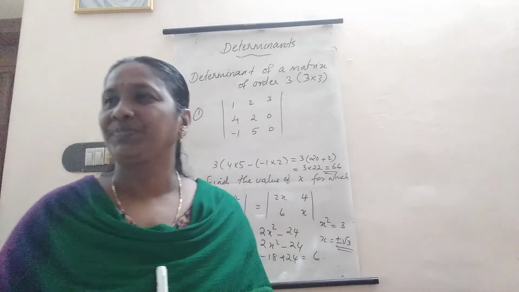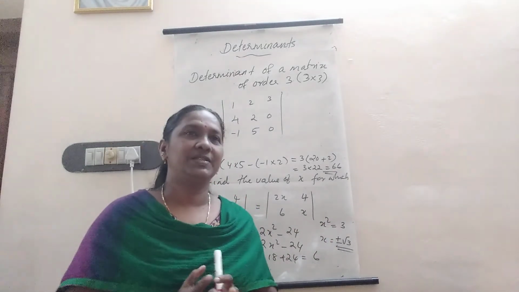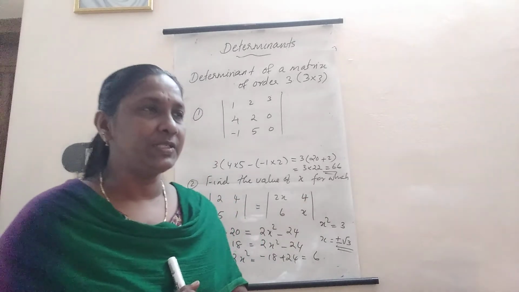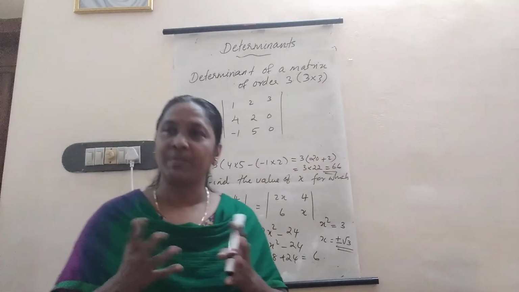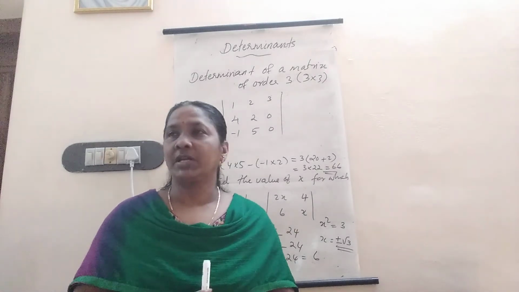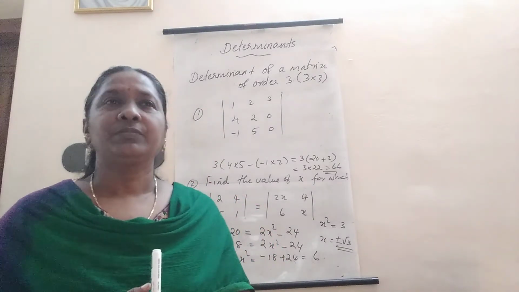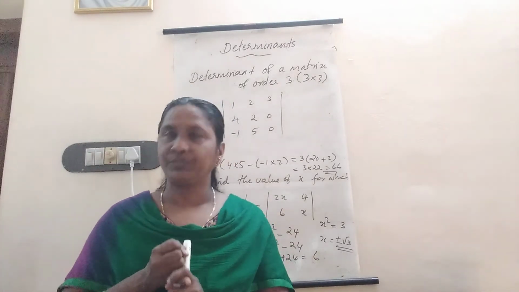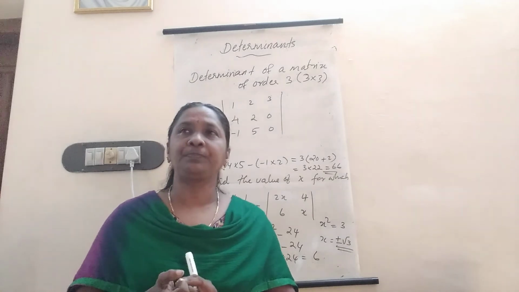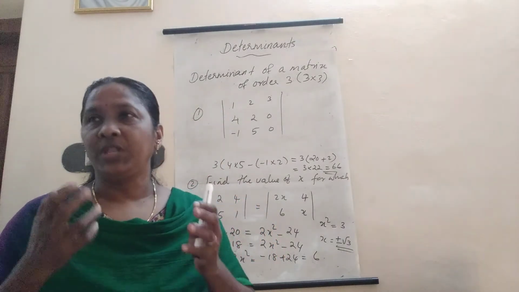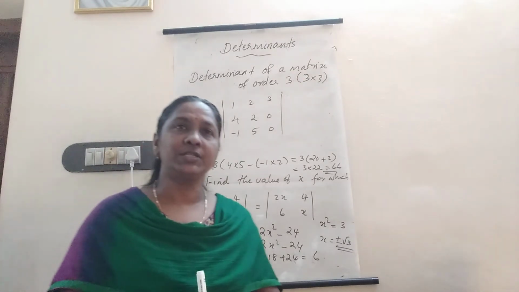Wasn't it easy? Yes, very easy to find the determinant of a matrix. It has wider application in mathematics as well as in other fields. In this chapter itself, we are going to learn some applications like finding the area of a triangle, finding the area of a parallelogram, and solving a system of linear equations using determinants.